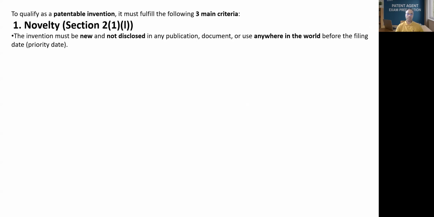What is 21L? L is, I think, license, sir. No, it is a new invention, novelty. You look at the screen, I have given it on the screen. Yes, 21L. Section 21L, this is novelty, the new invention.